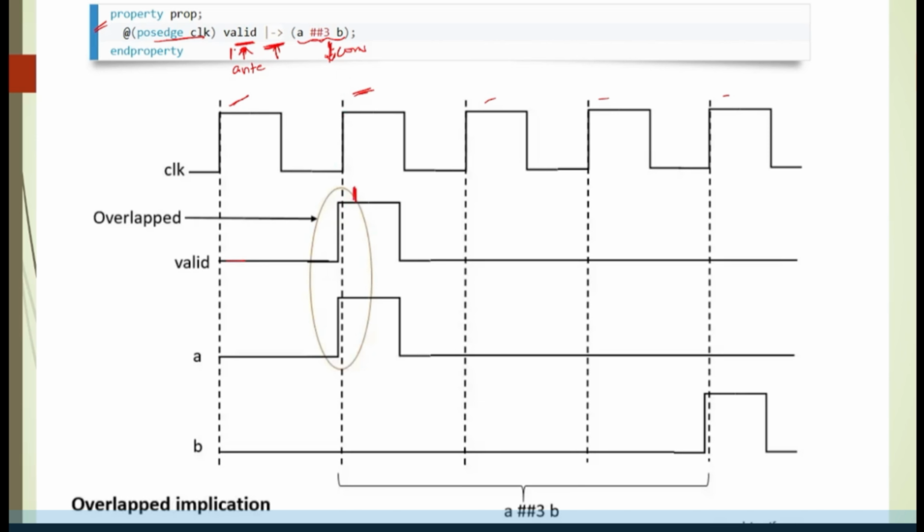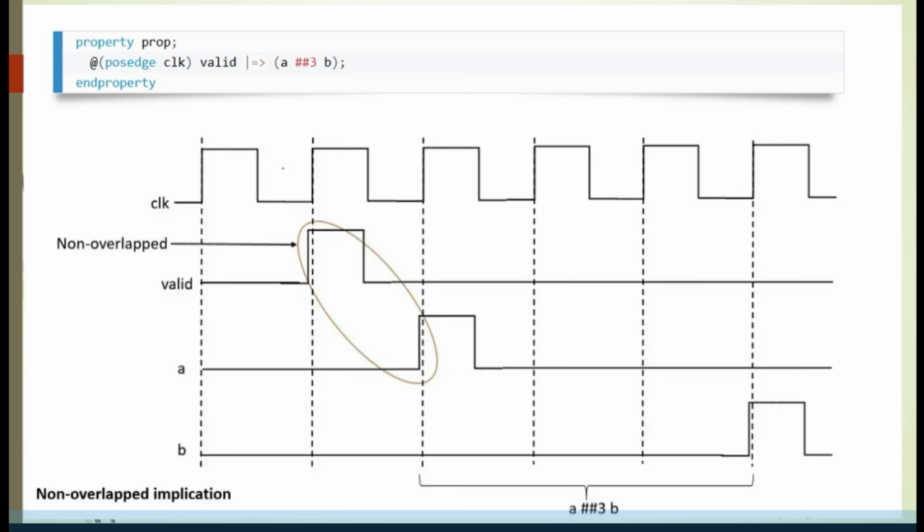As soon as valid is high, within the same clock cycle the consequent logic, a ##3 b, should also start. That means a should be high, and after a is high, after 3 clock cycles b should be high. Clear? In this way, within the same clock cycle, both antecedent and consequent should happen. So this is the overlapped implication: the antecedent is overlapped on the consequent.